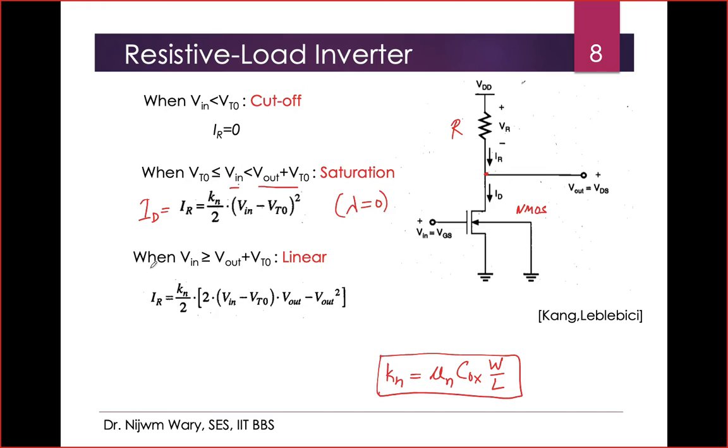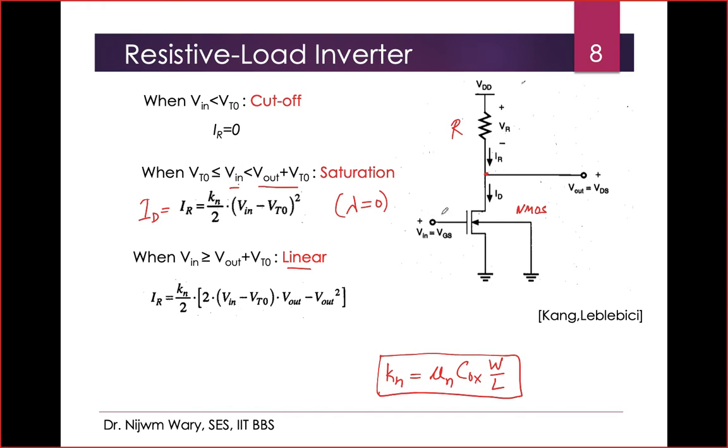And if, as I am increasing my input voltage, it crosses V out plus VT0, so it is higher than the output by VT0, we know that the transistor goes to the linear region of operation.